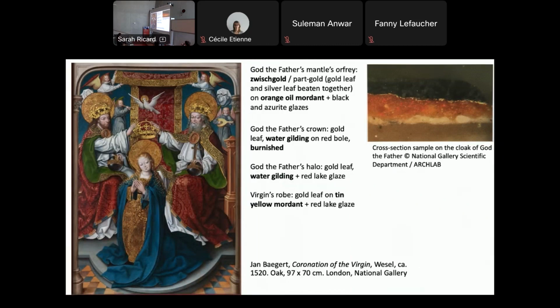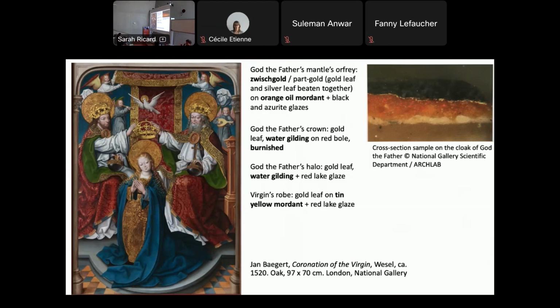And this part gold is used only for the offray of God the Father. It is applied on an orange oil mordant and covered with an azurite glaze and black glaze in order to do the motifs, while the crown is done in gold leaf, water gilded on a red bole, and the halo of God the Father is water gilded only with a red glaze.